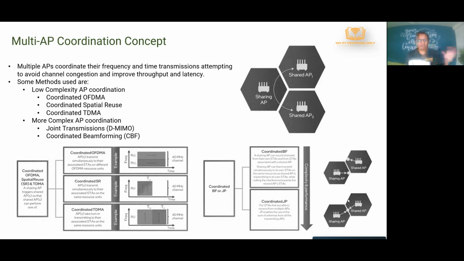Or you can do it based on spatial reuse, where we are doing multi-user MIMO. So we can say station 1 is in this position, station 2 is in a very orthogonal position, so I can transmit to station 1 and station 2 simultaneously and get spatial reuse. Or you can do it based on time.